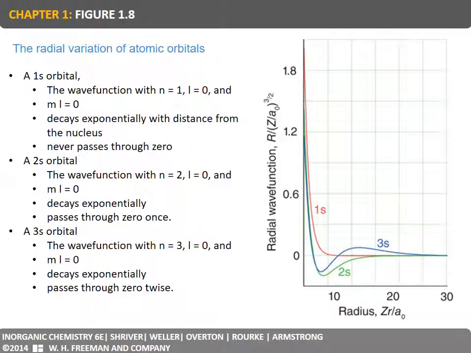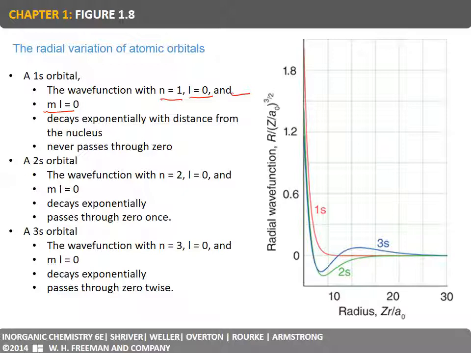Now let's take a closer look at the radial variations of atomic orbitals. Now let's consider the orbital 1s. 1s, as you remember, has a wave function of n equals 1, l is 0, and ml is also 0.